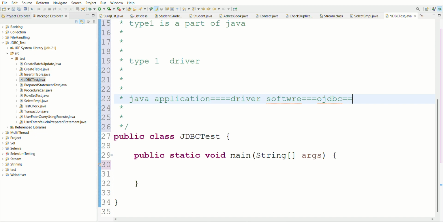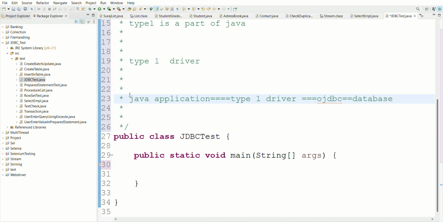And after that, I have the database. This is the type 1 driver.